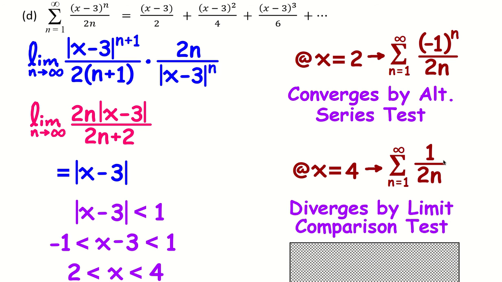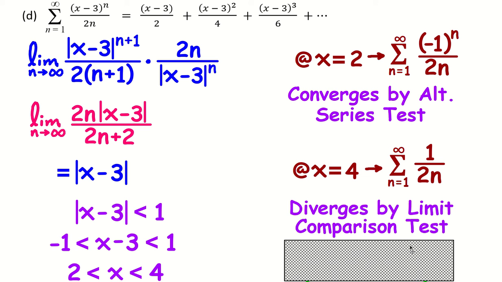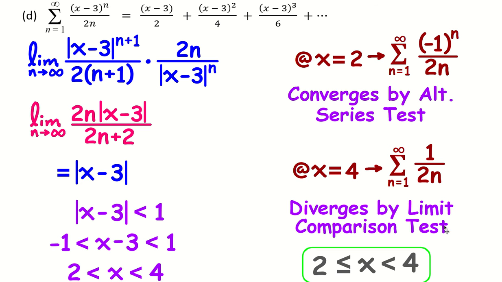So for the direct comparison test to work, this would have needed to be bigger than 1 over n. Well, guess what? If you were to run the limit comparison test, you'll get a conclusion there. Your conclusion is going to be that it diverges.